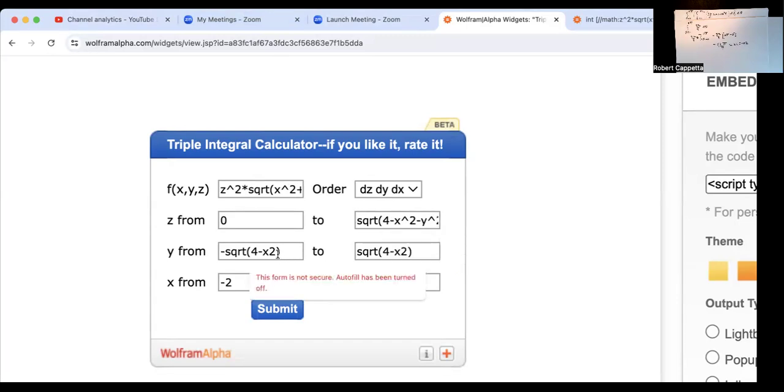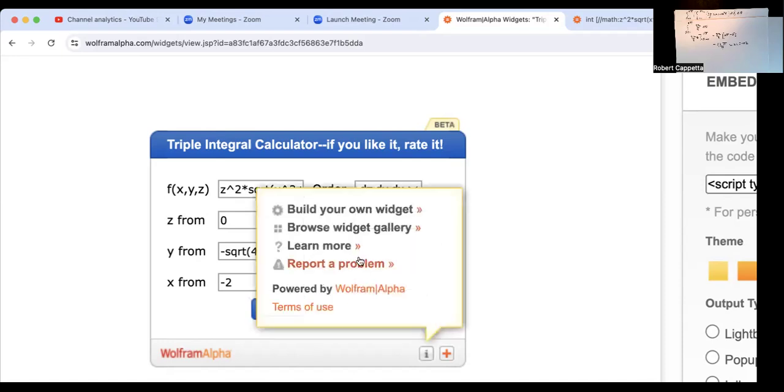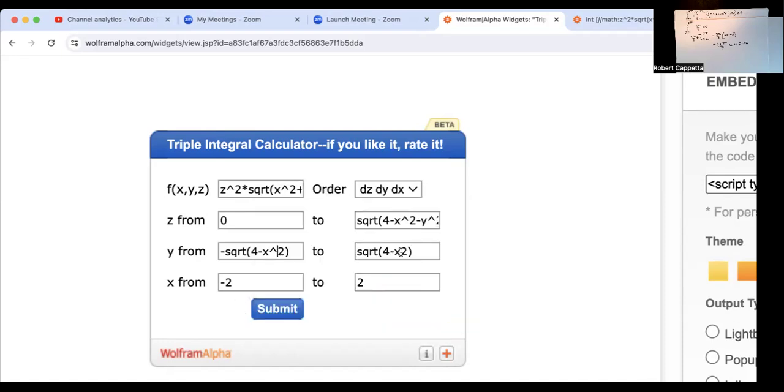Y goes from negative square root of 4 minus x squared to positive square root of 4 minus x squared. And x is going from negative 2 to 2. And let's see what we get.